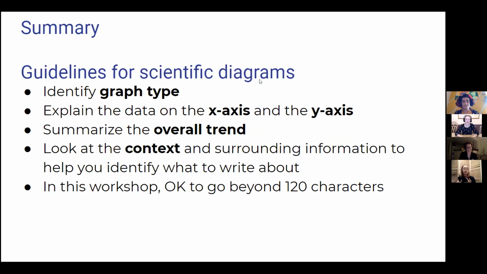So in summary, the guidelines for writing alt text for scientific diagrams are to identify the graph type, explain the data on the X and Y axis, summarize the overall trend, and look at the surrounding context and information to help you identify what to write about. And it is totally okay right now to go beyond 120 characters because some alt text is better than no alt text.